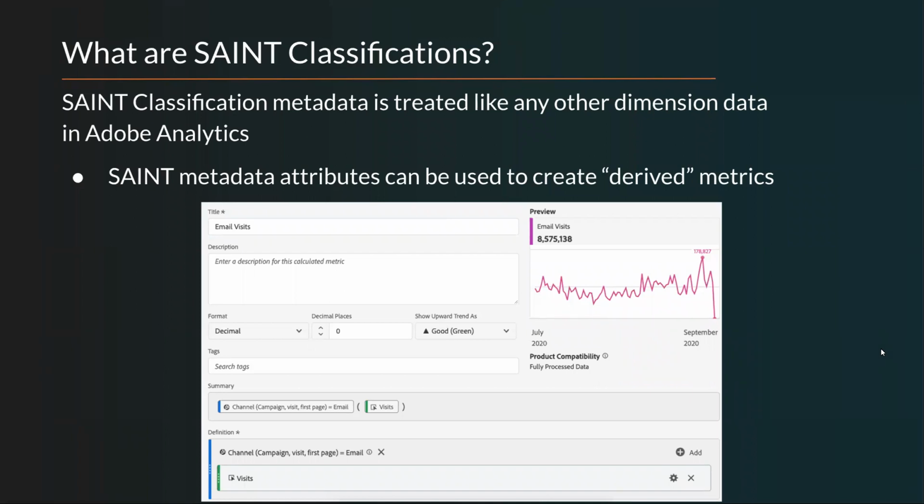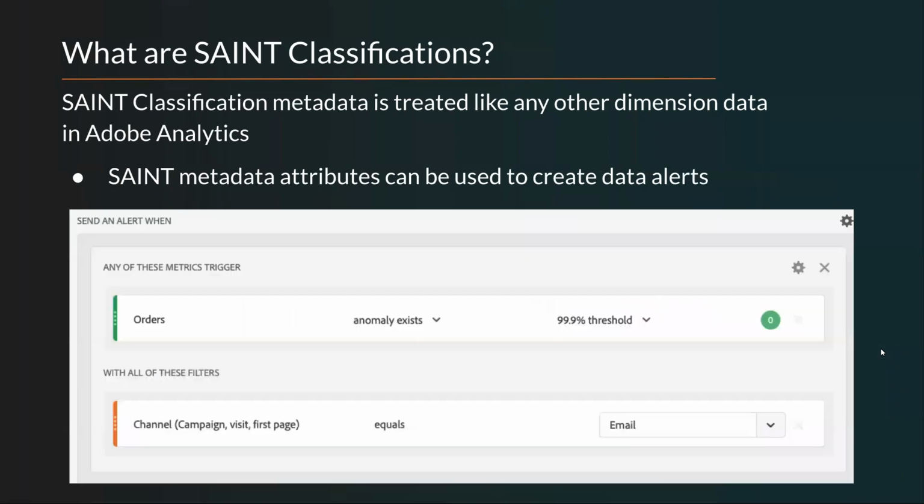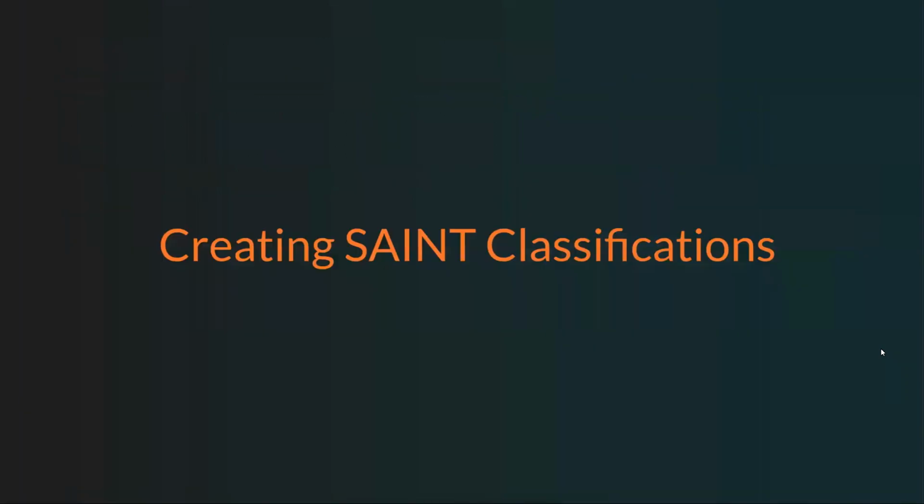And now I have a brand new derived metric that is showing me a trend of email visits. And then SAINT classifications can also be used in the alert area. Alerts allow you to be notified if certain thresholds are met or if you've got certain anomalies. Well, these can be defined and customized with SAINT classifications as well.